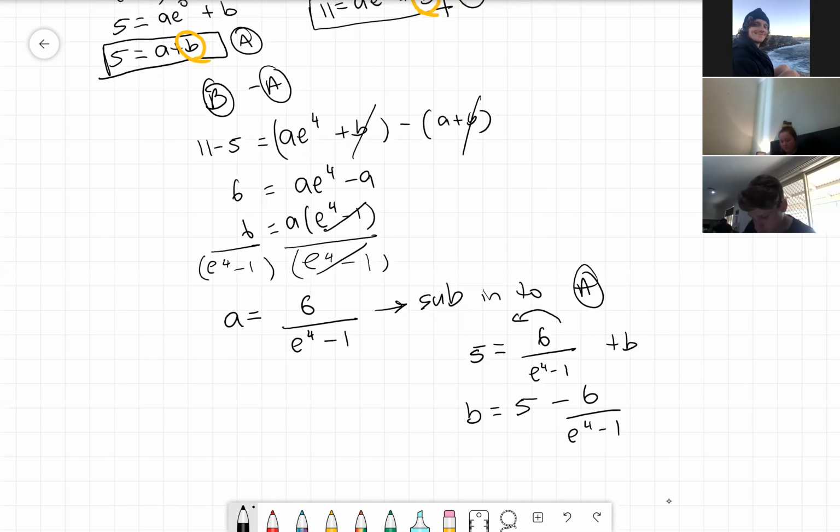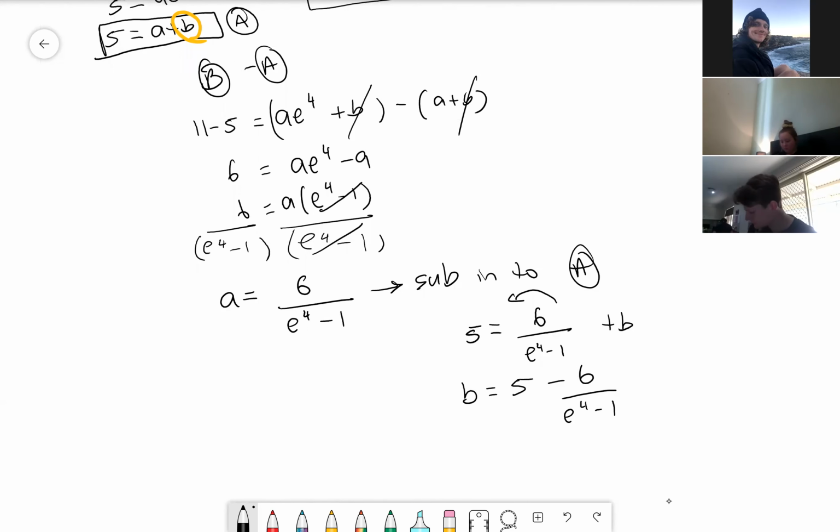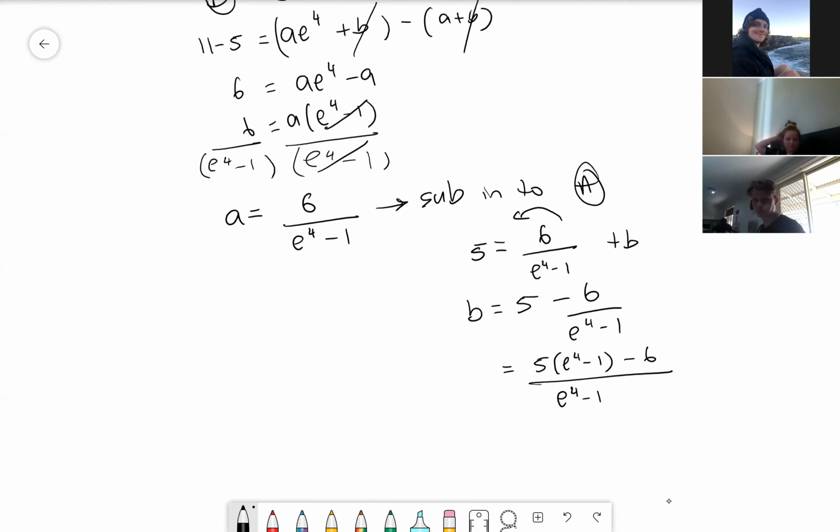You can simplify this a bit if you want. Yeah, let's simplify it. So you make the common denominator, then you'll expand it out.